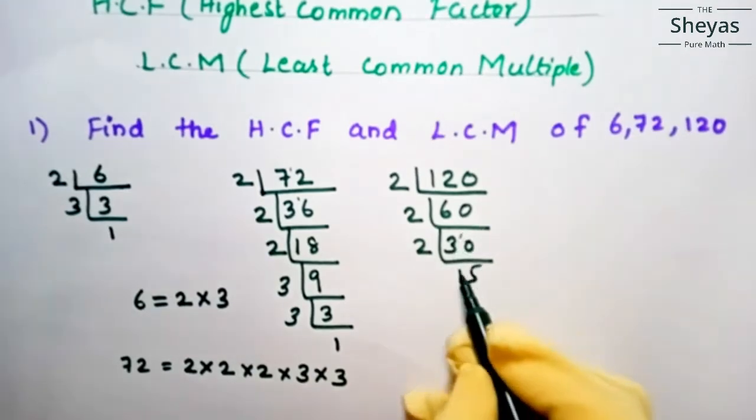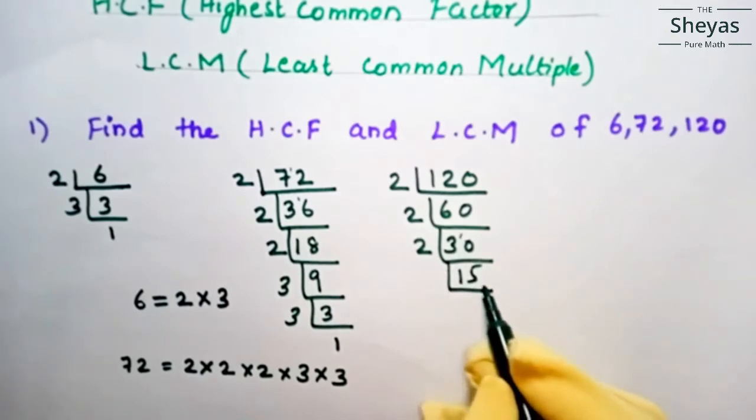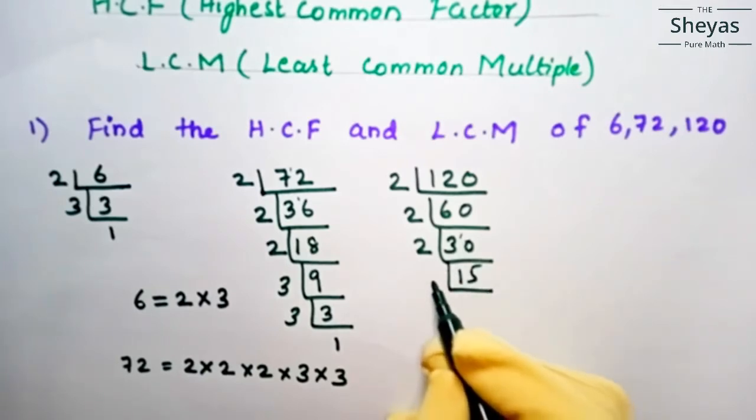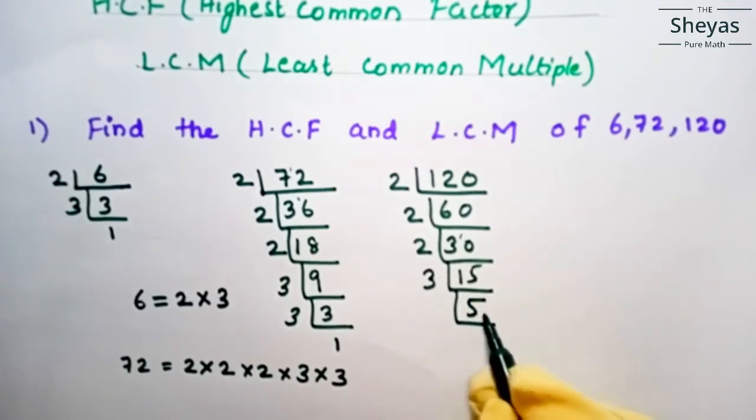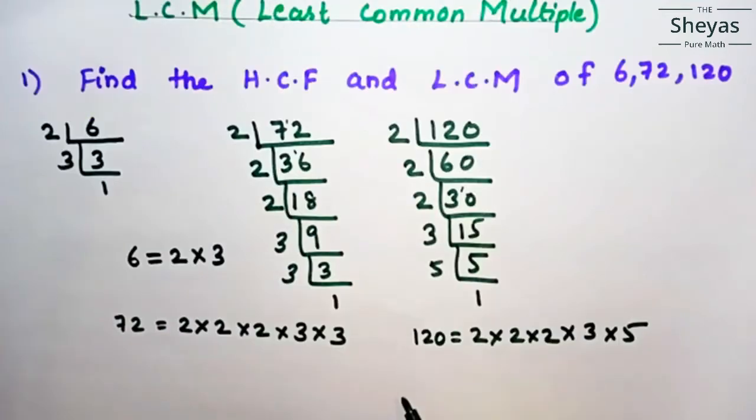Then 5 2s are 10. Then this is not divisible by 2, so we have to take 3. 3 5s are 15. And this is again a prime number, so 5 you can take as such. So what are the prime factors of 120? 2 into 2 into 2, 3 into 5.